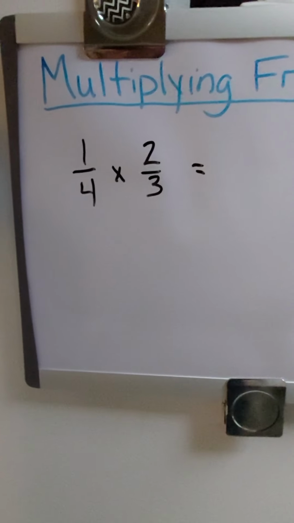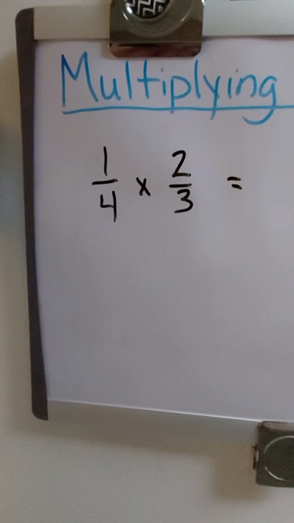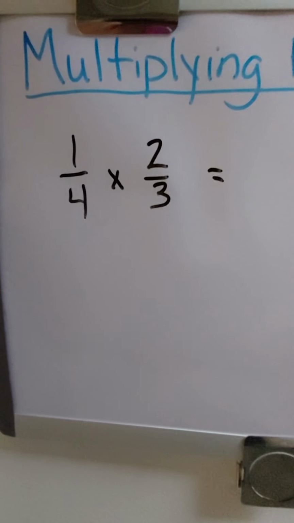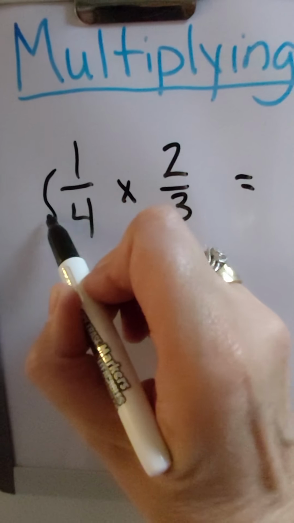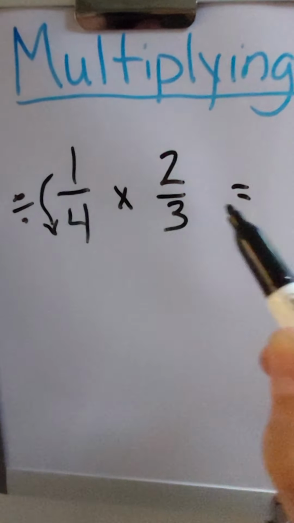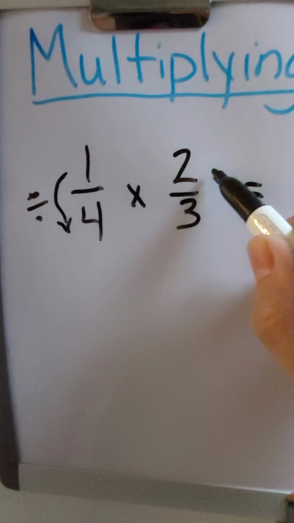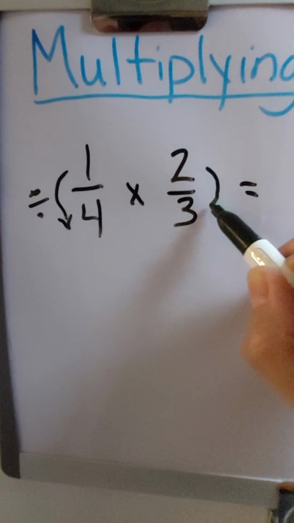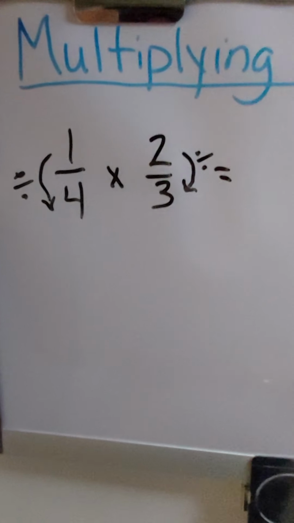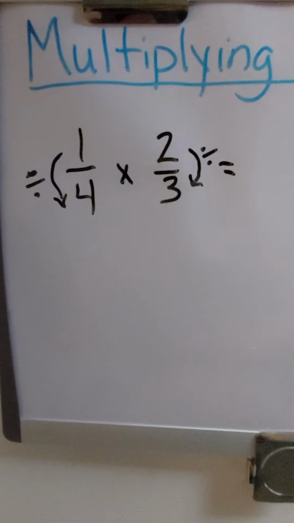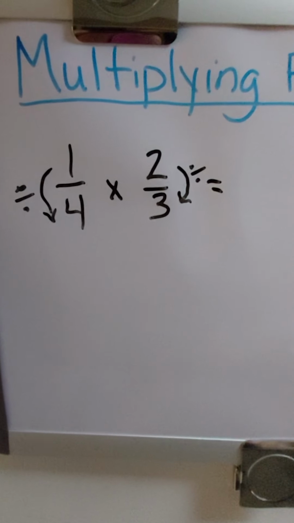When we take a look at this, it really means that we are dividing 1 divided by 4. That's what that really means. And 2/3 means that we're going to divide 2 divided by 3. Now it sounds a little complicated, but believe me, this is the easiest one to do.